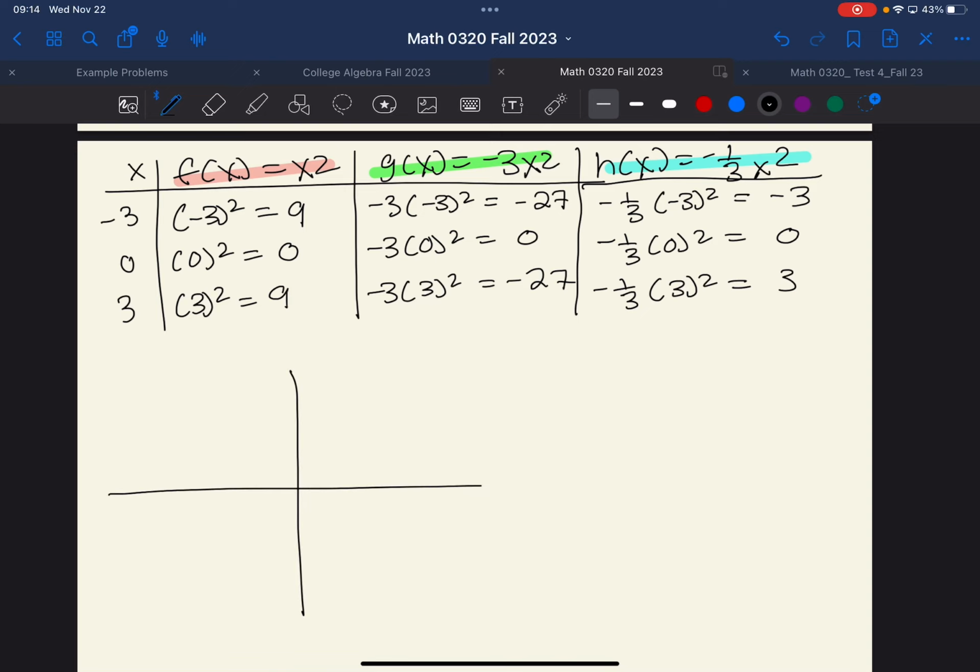Okay, so plotting my parent function first, I have negative 3, 9, 0, 0, and positive 3, 9. Okay, notice my parent function is still going up because my parent function does not change.